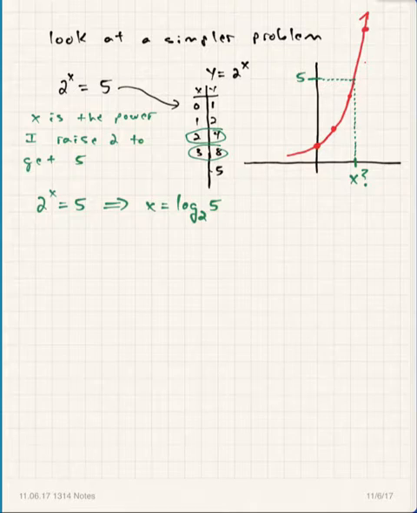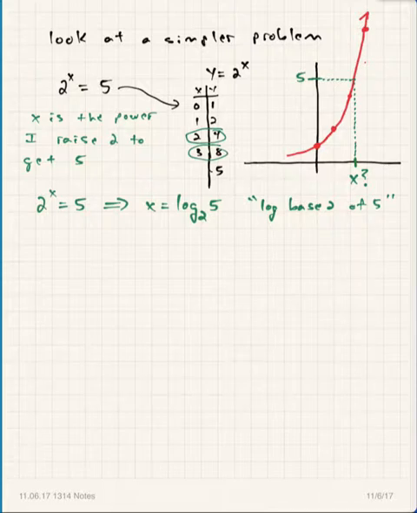And so the common way to read that is log base 2 of 5. Now notice that that base, the 2, is written as a subscript below the word log right there. It's not in line with the word log. It's literally written slightly below it as a subscript.